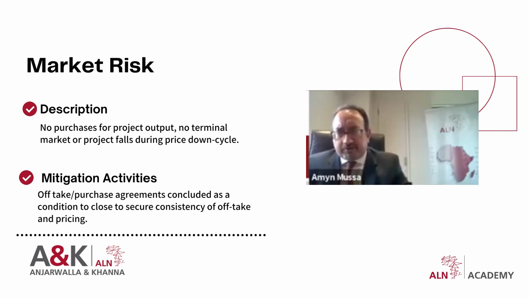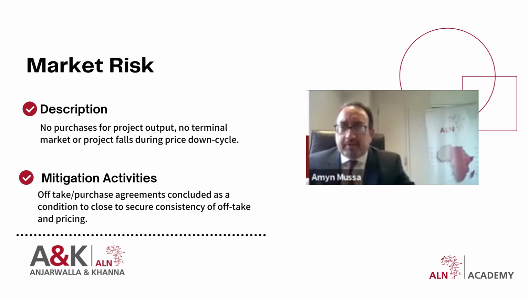The other fundamental risk that an off-taker is going to have to consider is what we call market risk. So if you take a look at the standard gauge rail project, which is developed through traditional procurement, market risk sits with government.